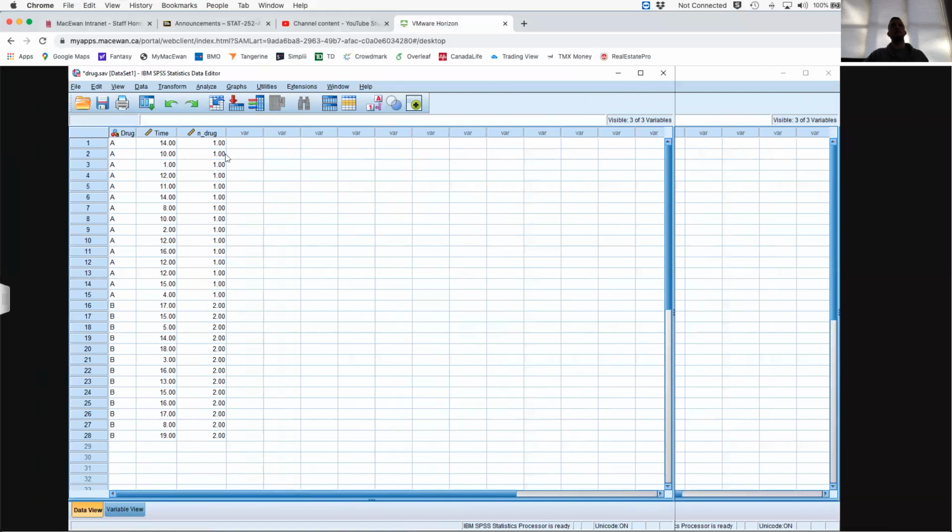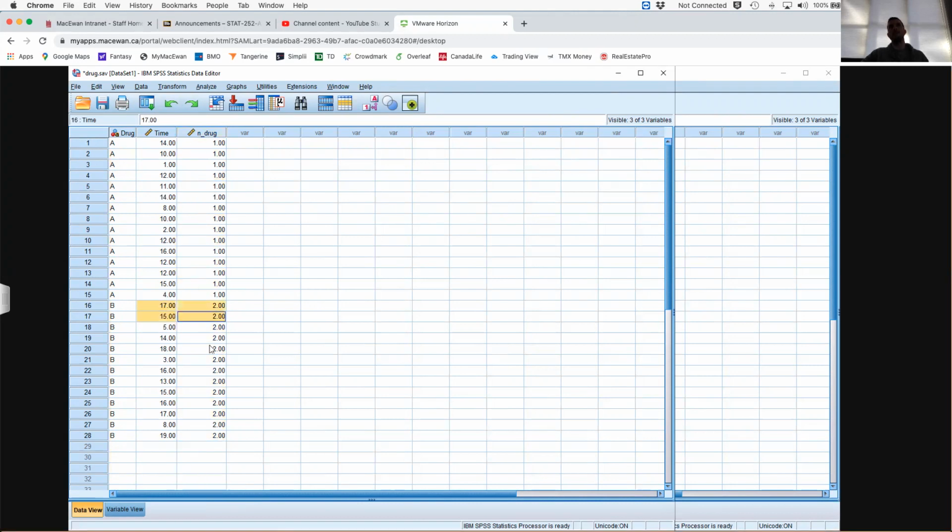Okay, so in SPSS, if we load the drug data, we have something that looks like this. We have time to recovery in the second column, and then we have two indicators, N_drug and drug. These indicators are the same thing. Drug is just a label for the group values. N_drug is simply the labels transformed, so this is what we would get from recoding the variable into a quantitative variable.